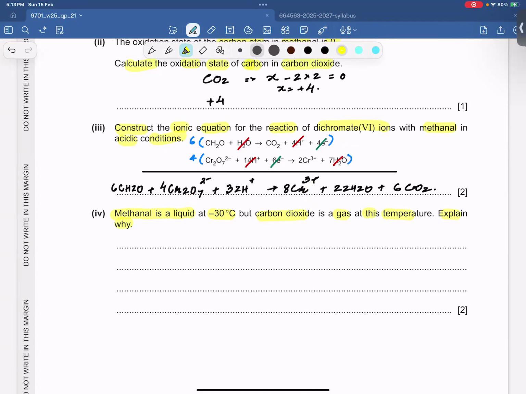Because carbon dioxide has no net dipole, as dipoles cancel out with each other.